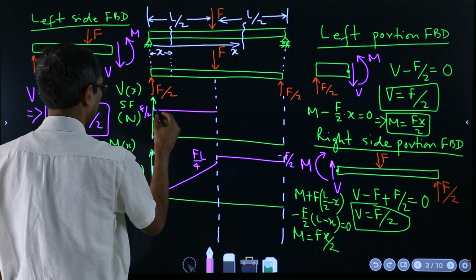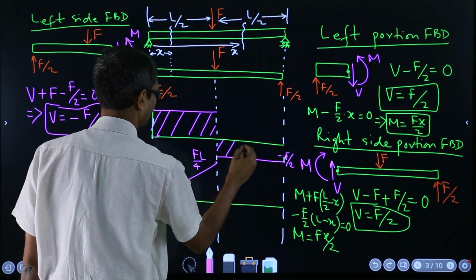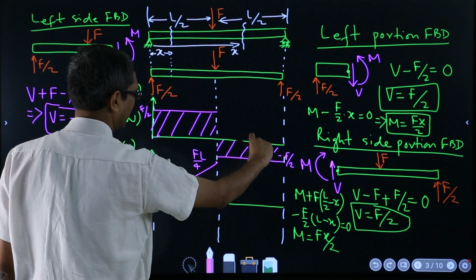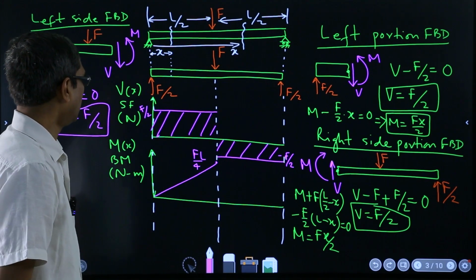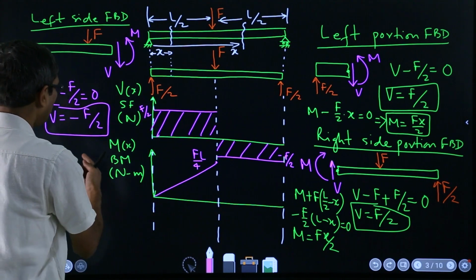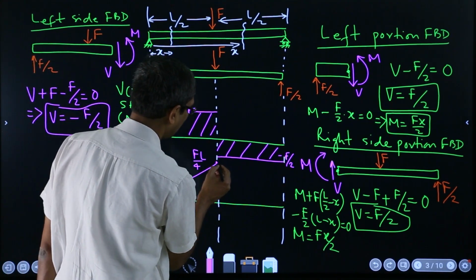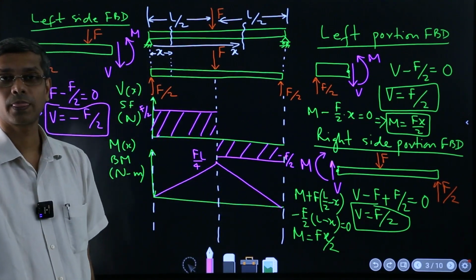In fact, yeah, so this is your, okay, this should have been exactly the same height as this one, okay. Fine. So then how to calculate for M? If you calculate that, you will just see that you will get the curve for this, okay.